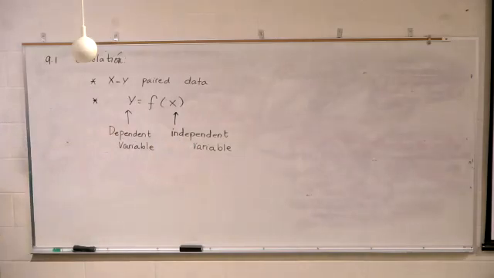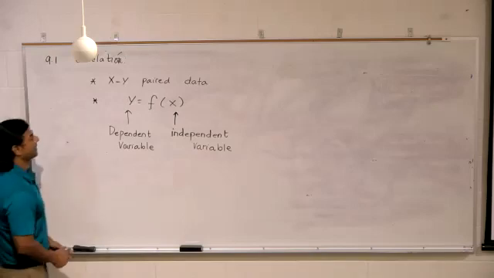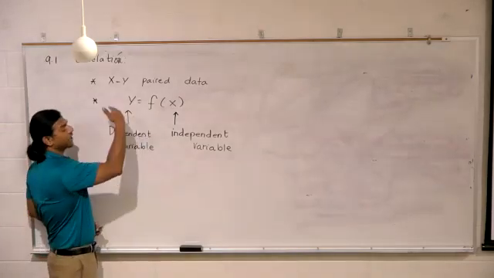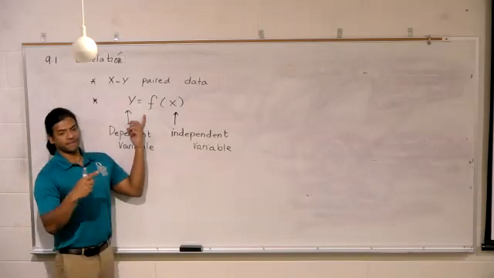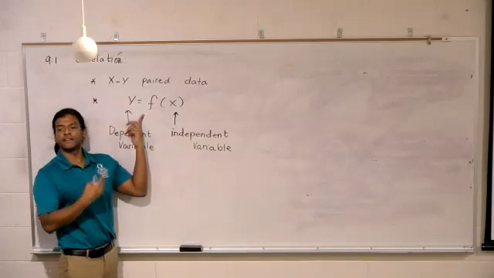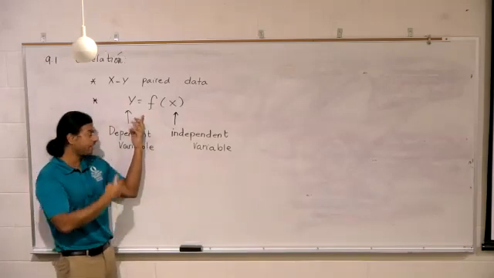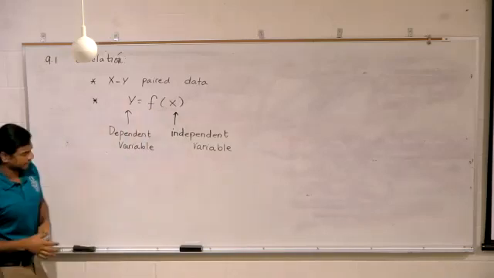What does it mean if y is a function of x? It means y depends on x. In other words, y changes in some way defined by this function. The function defines how y is going to change with respect to x.